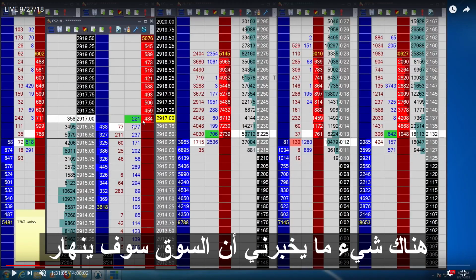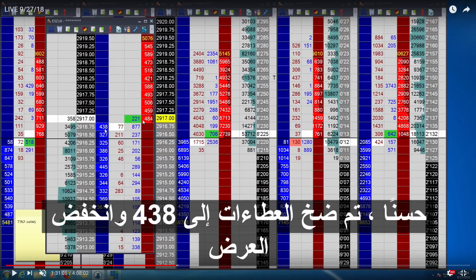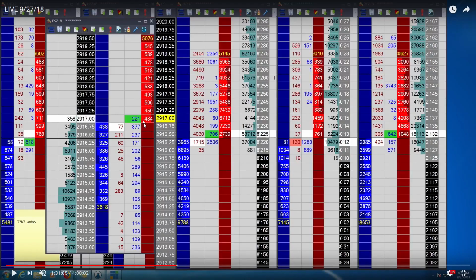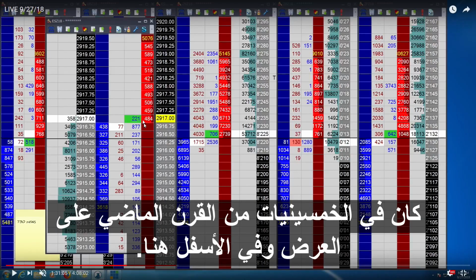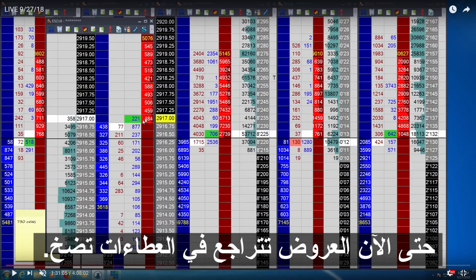Something here is telling me that the market is going to break through. The bids have pumped up to 438, and the offer has dropped down to 484. Remember, it was in the 500s on the offer, and down here it was in the 300s. Now the offers are pulling off, and the bids are pumping up.